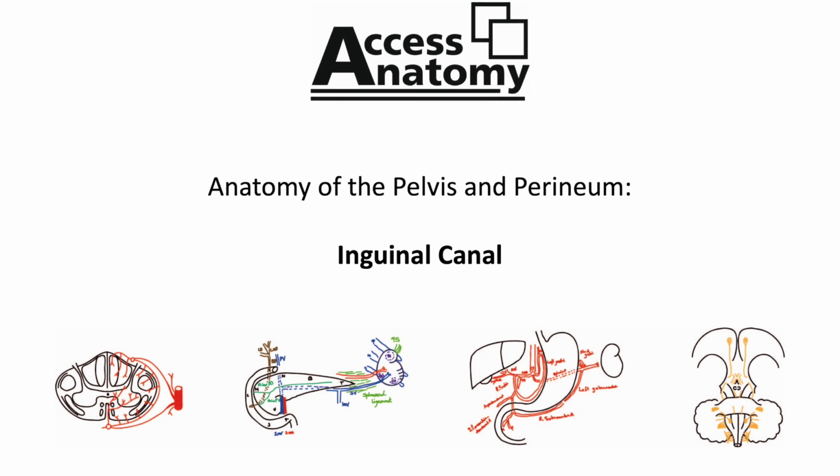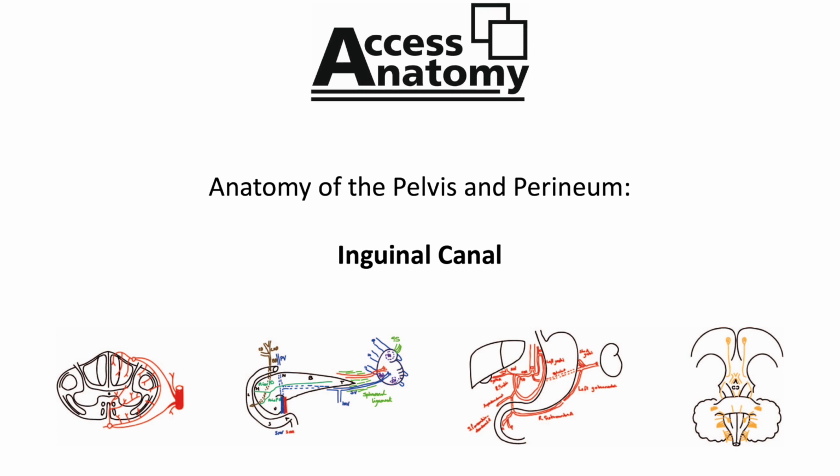The superficial ring is a small split in the external oblique aponeurosis, with the margins of the opening known as crura. So there is a medial and lateral crura. These crura anchor the superficial ring in place, with the medial crura attaching to the pubic crest and the lateral crura attaching to the pubic tubercle.